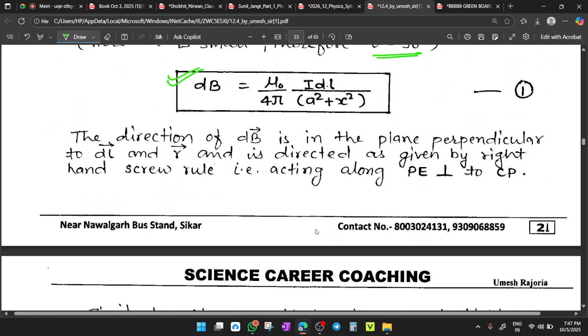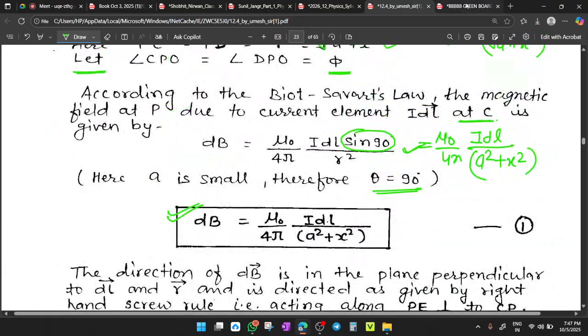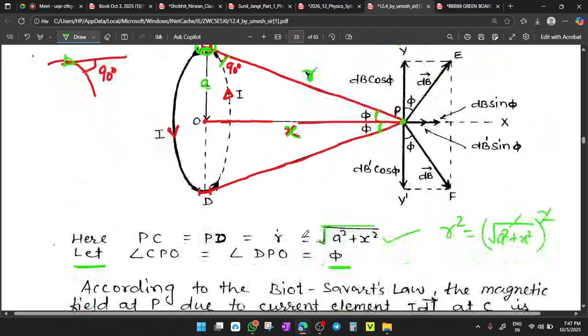Similarly, there is also one more magnetic field of the same intensity because of the diametrically opposite current element of length dl. Again, it is equal to dB. The same magnetic field dB will arise here because of this current element at D. Clear, Nitin?